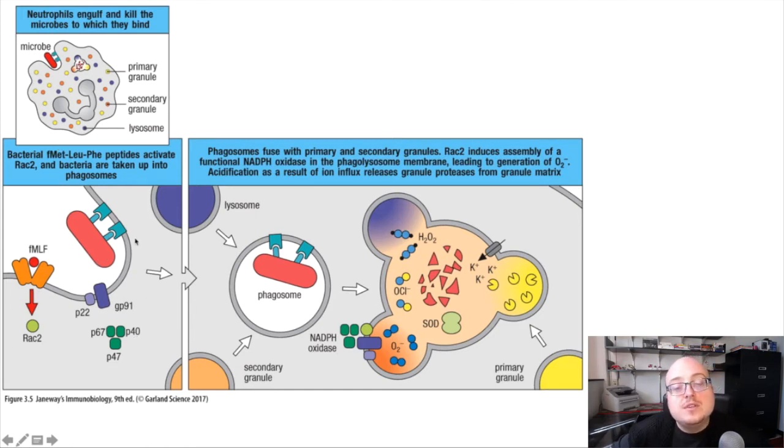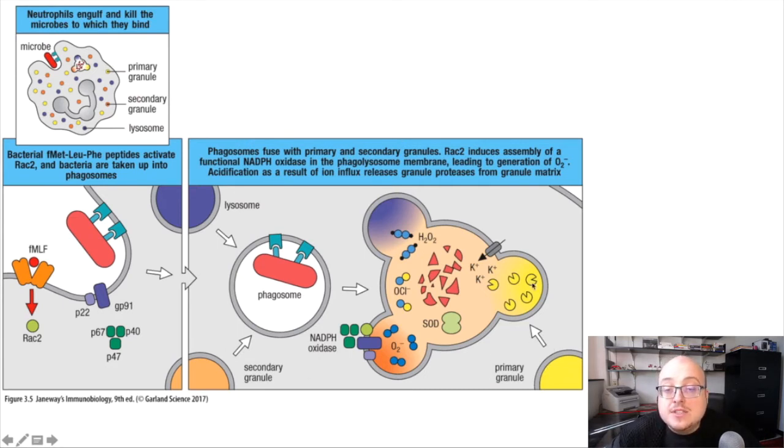What I want you to focus on is that within the cytoplasm of the neutrophil, we have a phagosome that's been internalized. We have a lysosome, but we also have these granules, which can also fuse with the phagosome. So the phagolysosomes of neutrophils are somewhat specialized because they contain a broader variety of antimicrobial proteins which are contained within these granular structures.